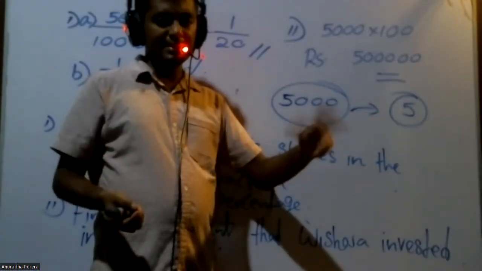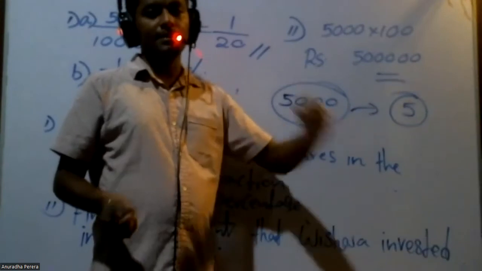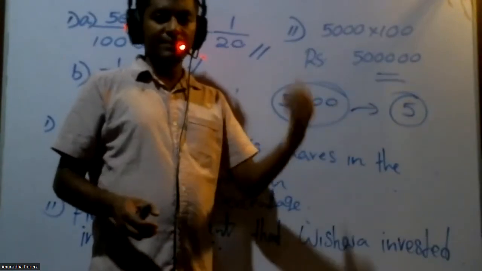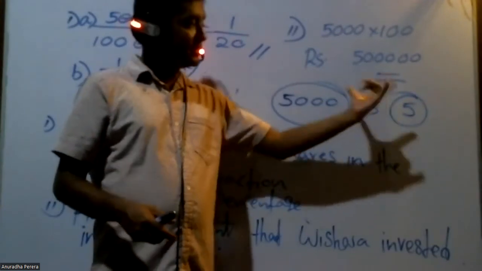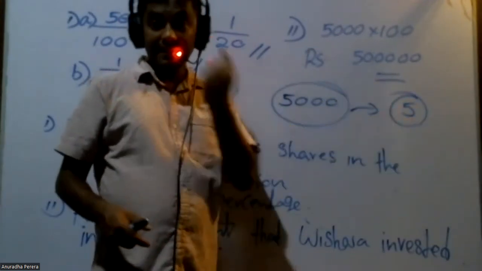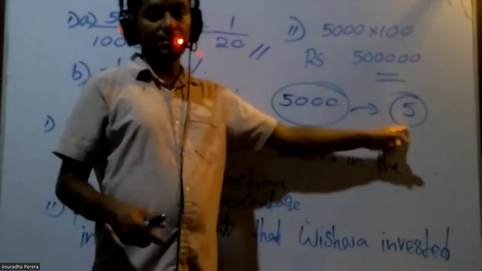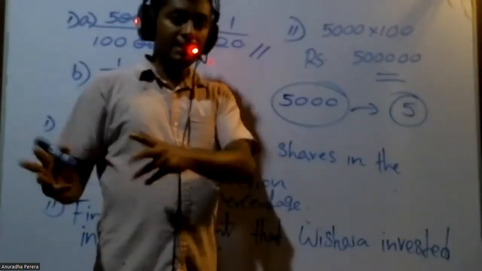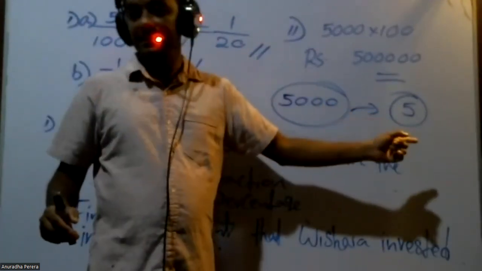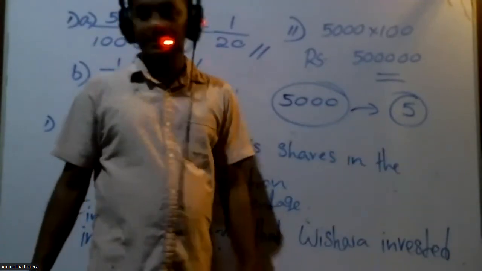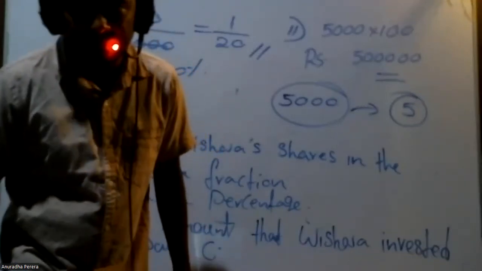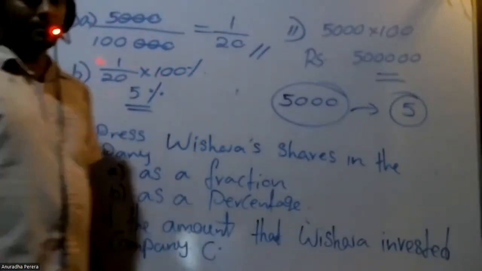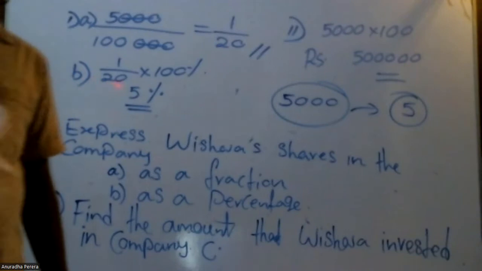It is expressed as an amount given per share, 5 rupees per share, 2 rupees per share. He has 5,000 shares and the dividend for one share is 5 rupees, so the total dividend income after 1 year is 25,000 rupees, which is 5,000 into 5. Any question? No, sir, no questions.